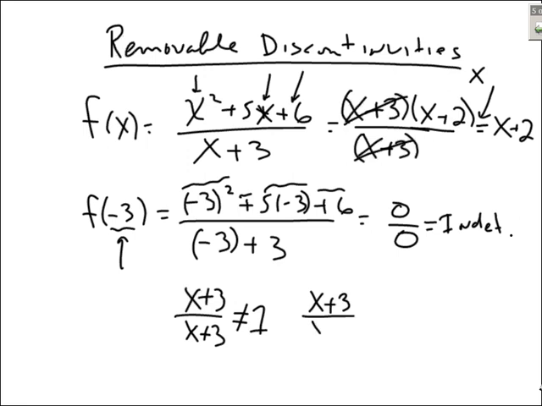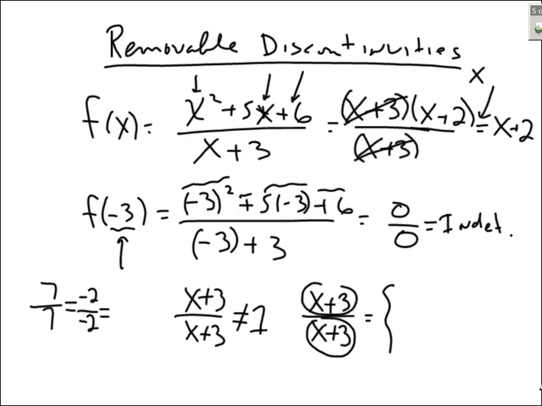x plus 3 over x plus 3. If the numerator and the denominator are equal to one another, like I agree, 7 over 7 is equal to negative 2 over negative 2, which is equal to 0.8 over 0.8, and those all equal 1.